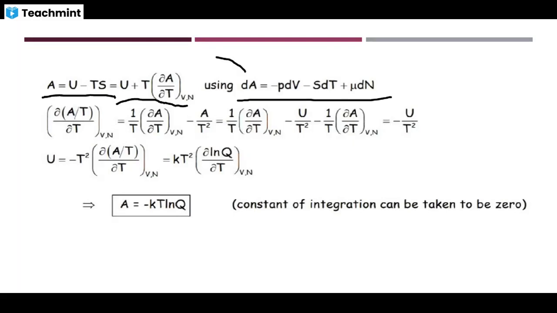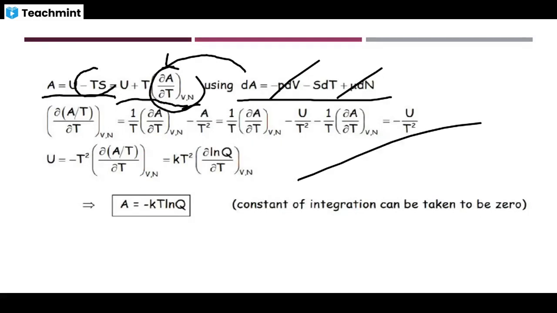So dA by dT at constant volume and N, the other terms become 0 and you get minus S. You can substitute for minus S in this. If you know the mathematics, you can derive A. The constant of integration can be taken to be 0.